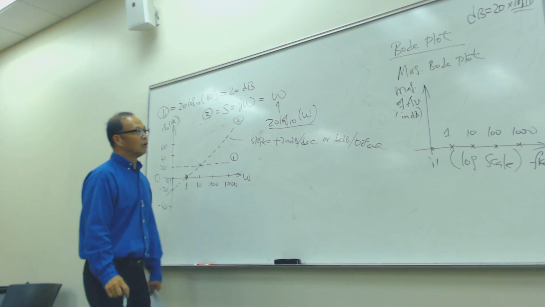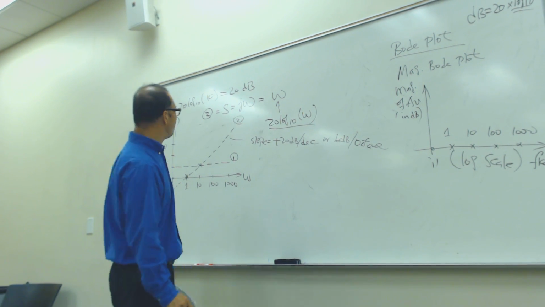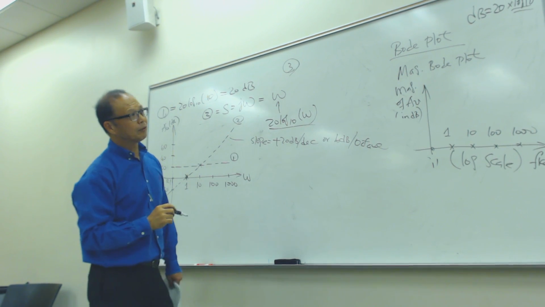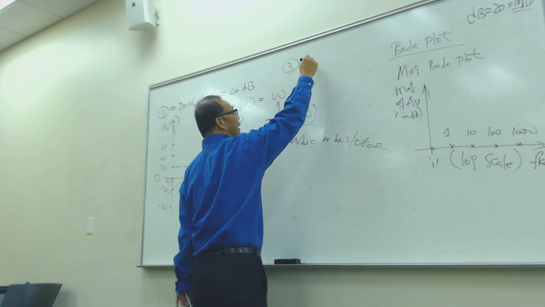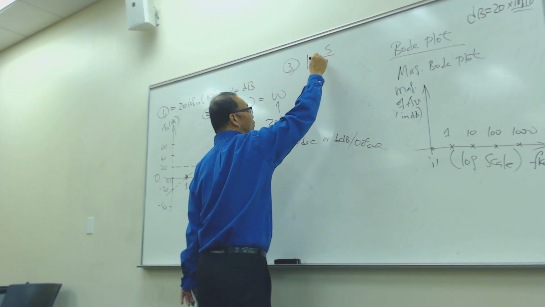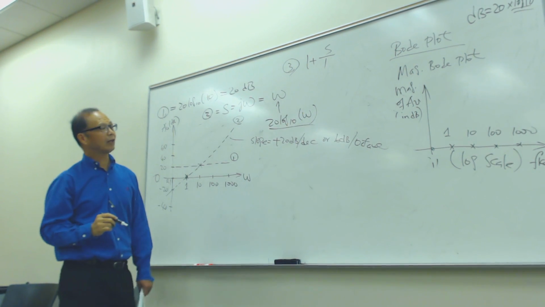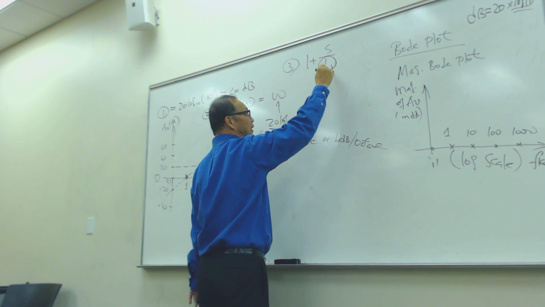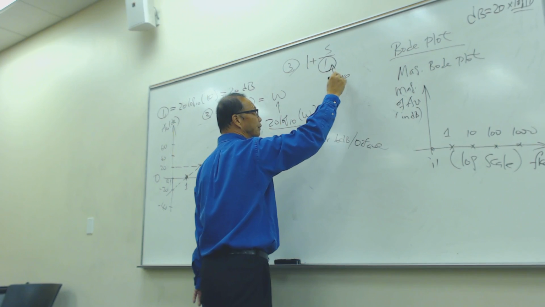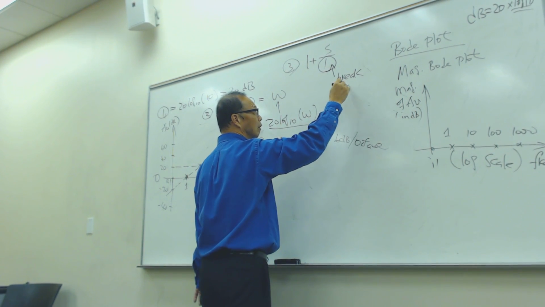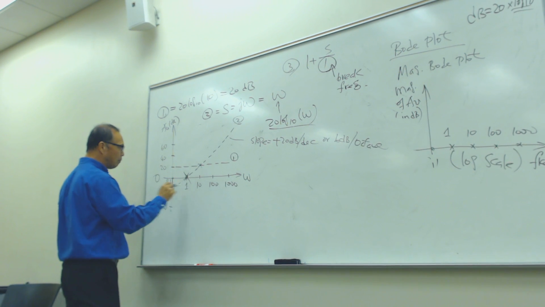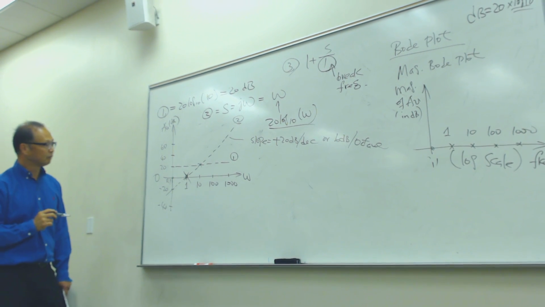Okay. What is component 3? Component 3 is 1 plus s over 1. For this one, this denominator is called the break frequency. So I can mark this here, that's the break frequency.